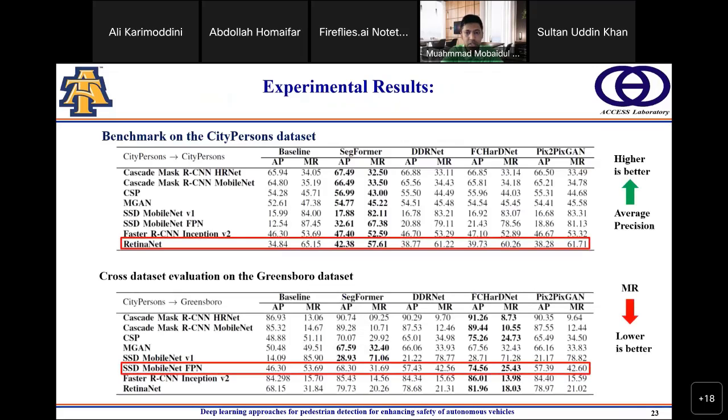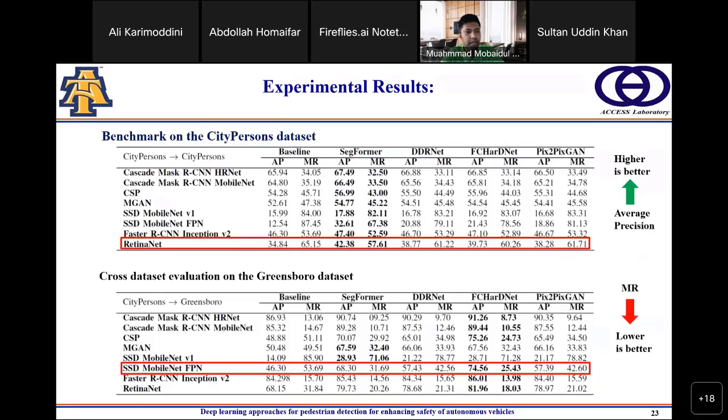So we thoroughly evaluated and compared our method against state-of-the-art pedestrian detection methods. Our validation experiments include the fusion of 8 object detectors and 4 semantic segmentation networks, overall 32 fusion models. For benchmarking purposes, we use two parameters: average precision and miss rate.